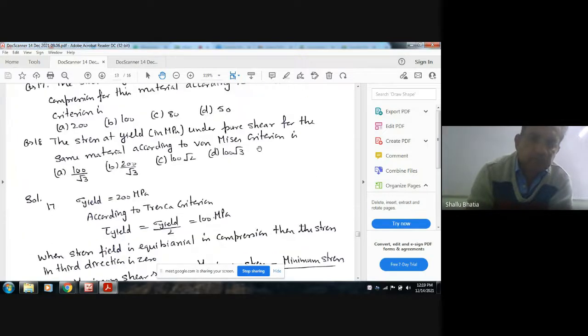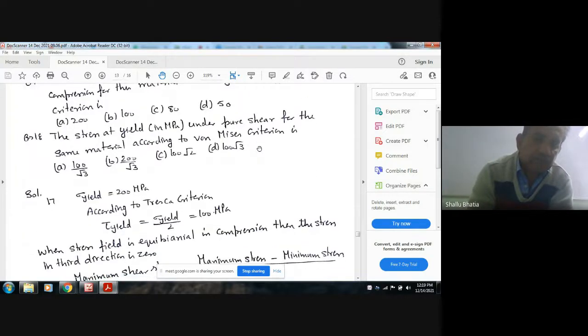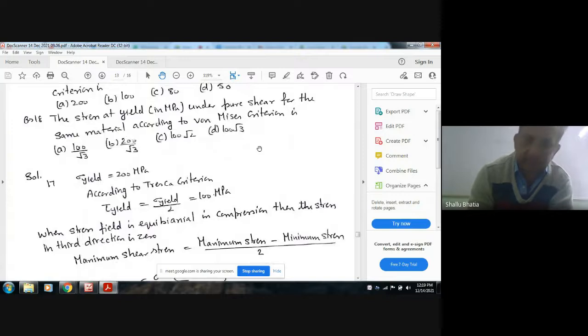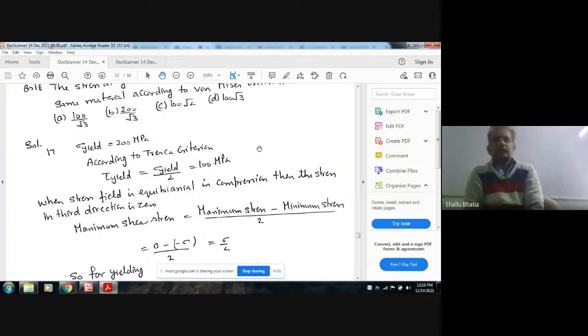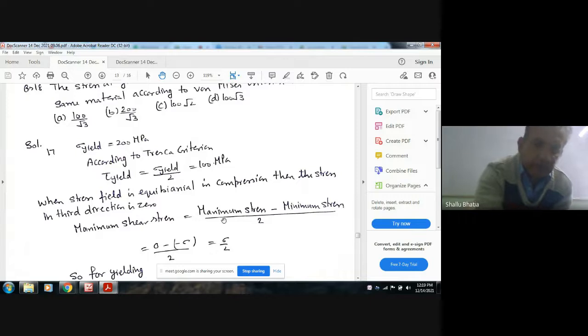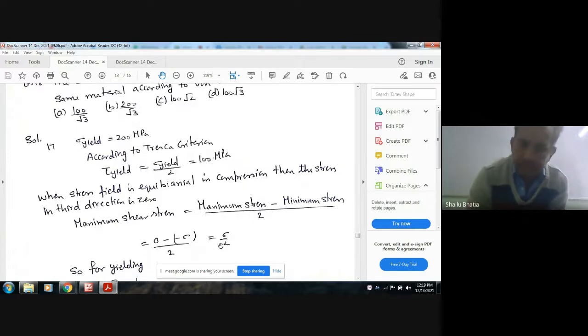As the stresses in two directions are equal and the stress in the third direction is zero, the maximum shear stress will be the maximum normal stress minus the minimum normal stress, divided by two. The minimum stress is minus sigma, because there is compression in two directions, and in the third direction the stress is zero. So the maximum shear stress will be sigma by 2.